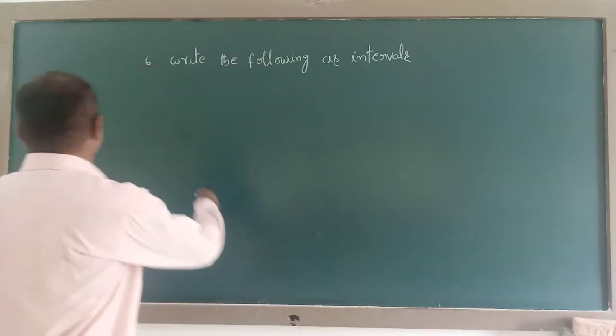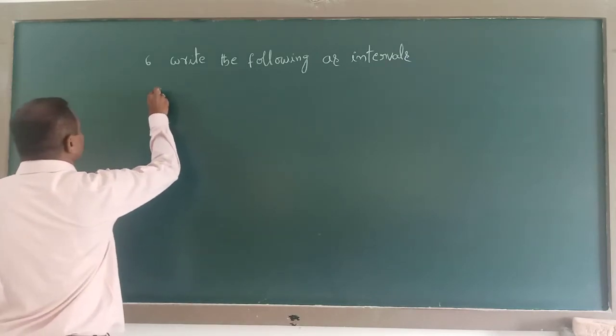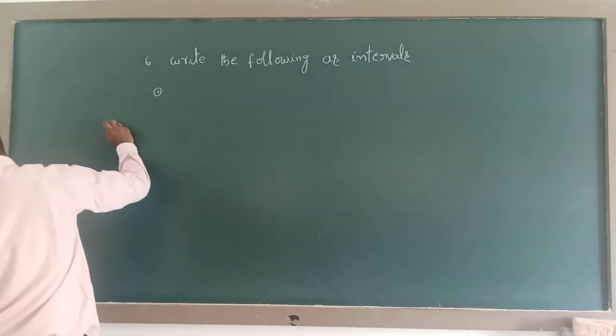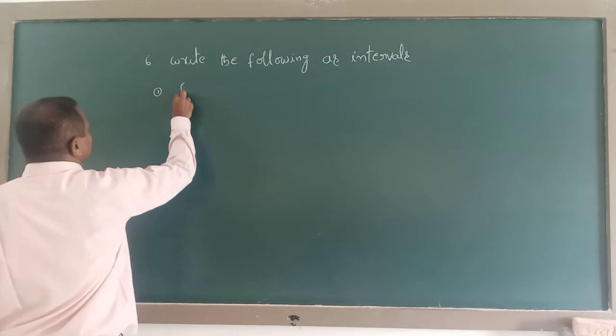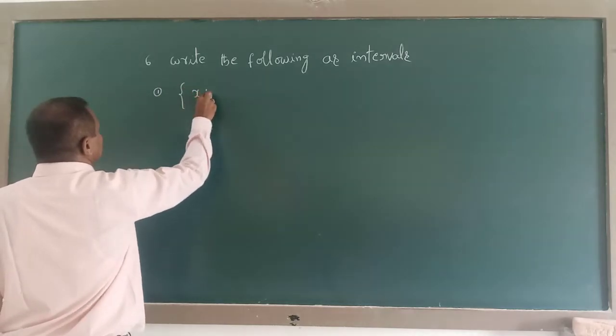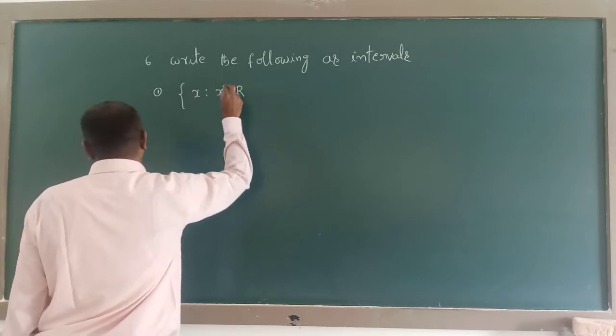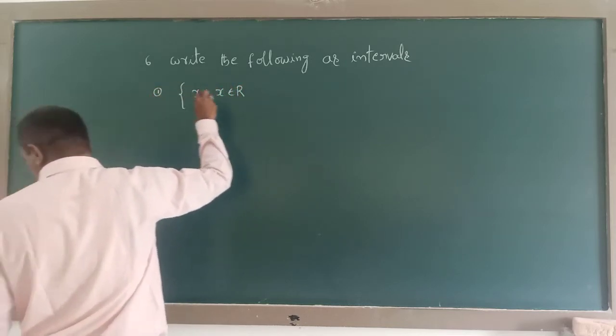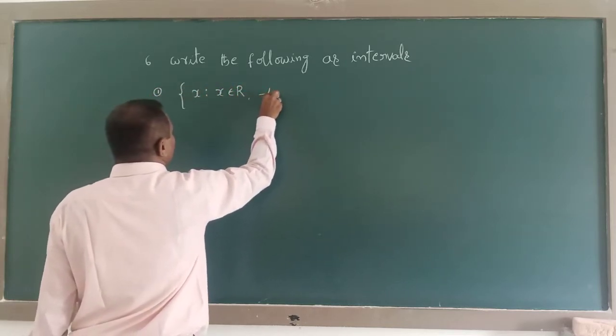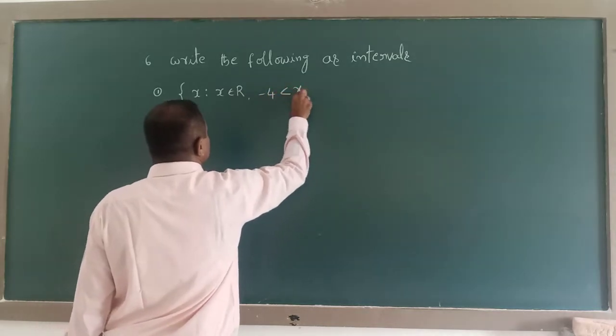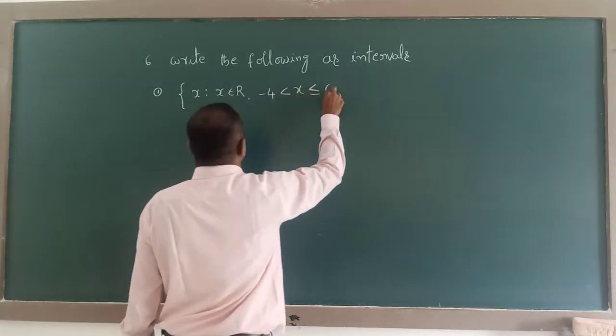The first question is: x such that x belongs to capital R, the real numbers, and they mentioned here -4 is less than x is less than or equal to 6.